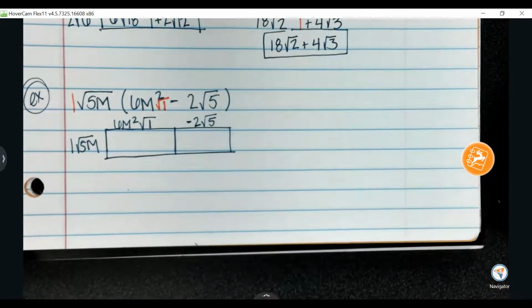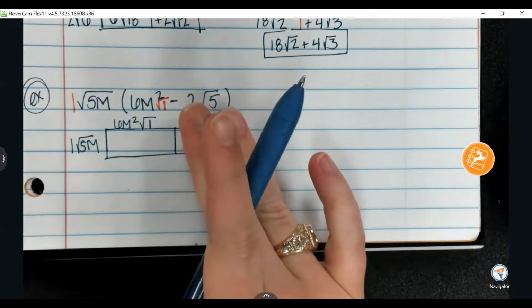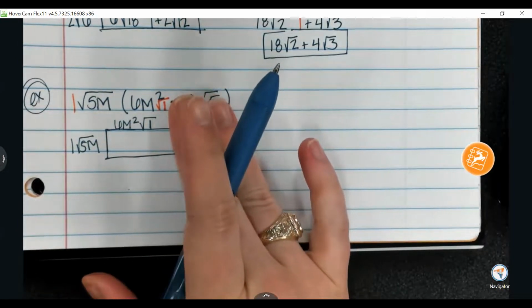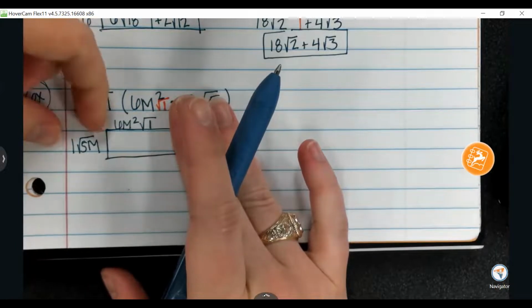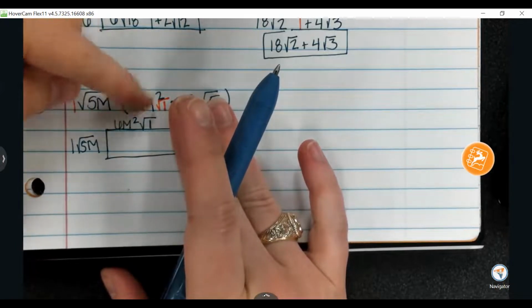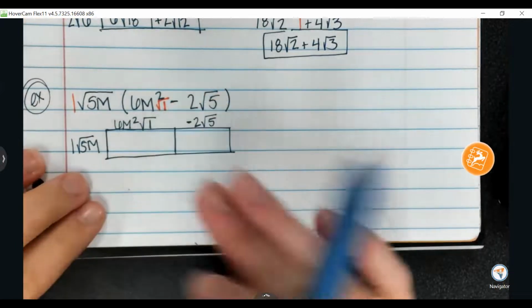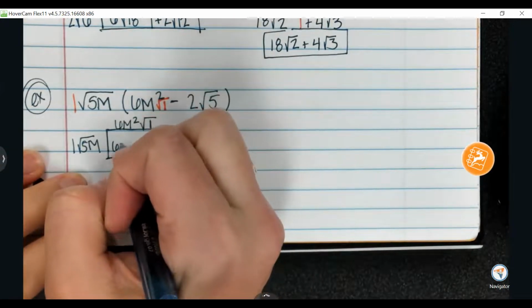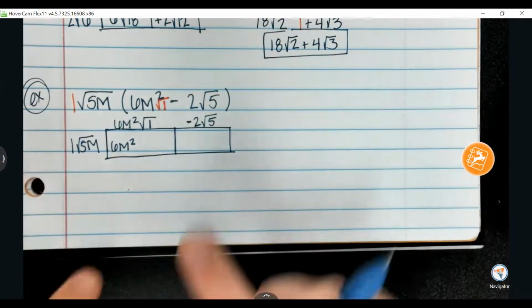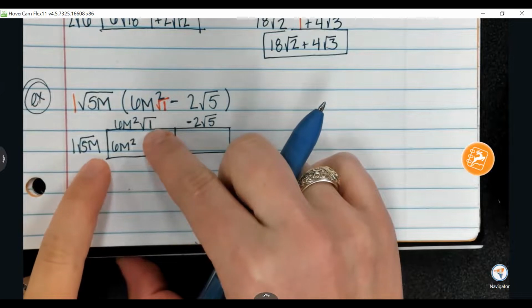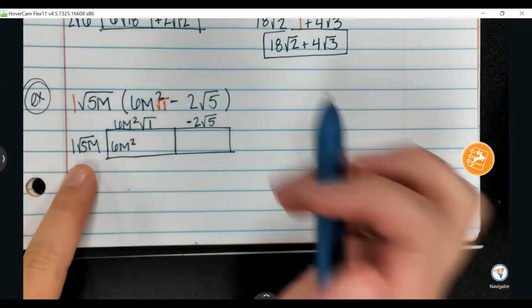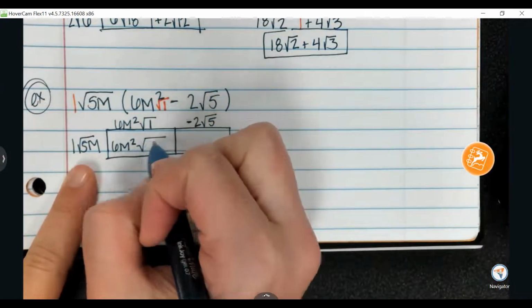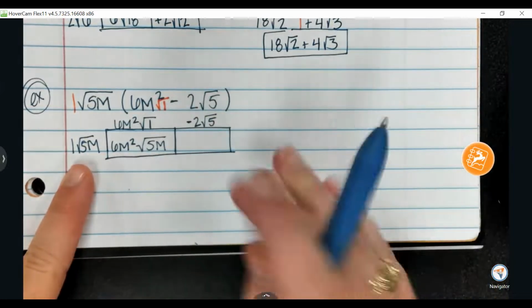Okay. So let's multiply. In the first one, what's the first thing I can multiply? 1 times 6m squared. What's 1 times 6m squared? 6m squared. And I have to multiply the inside. What's 5m times 1? 5m stays inside.